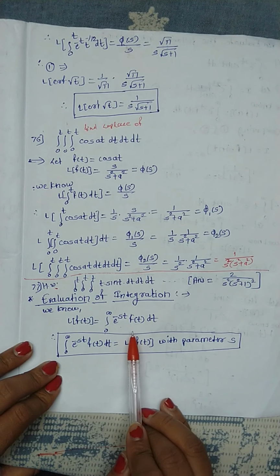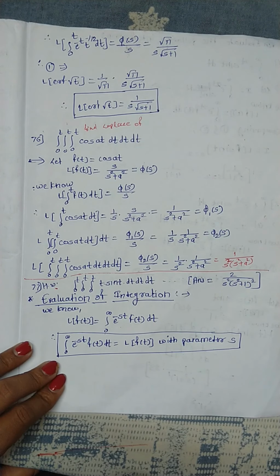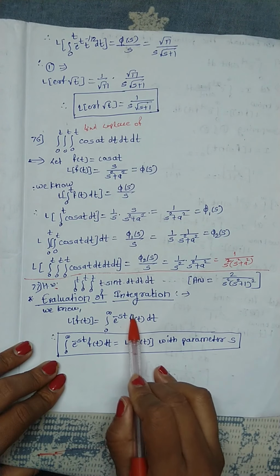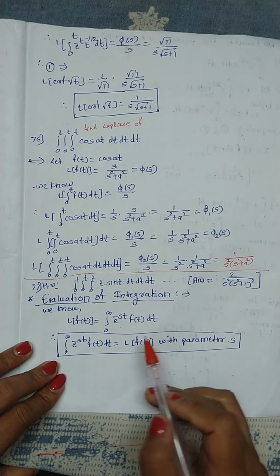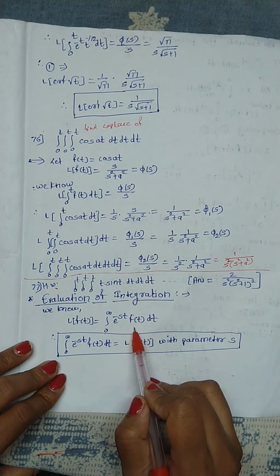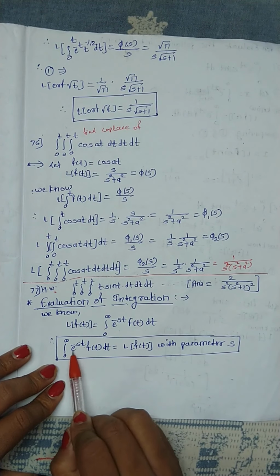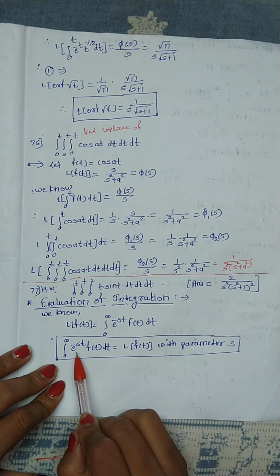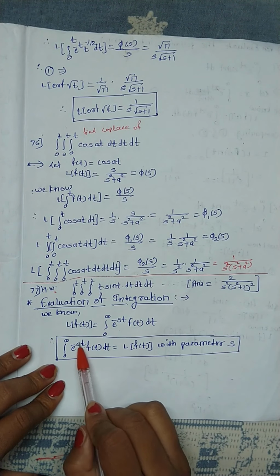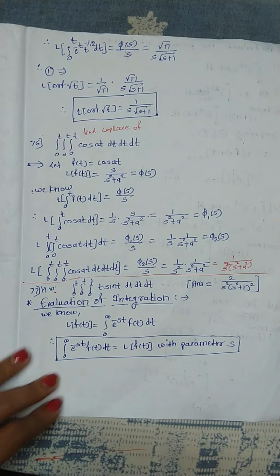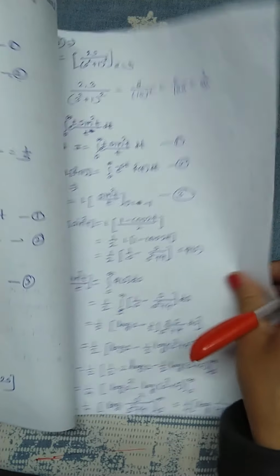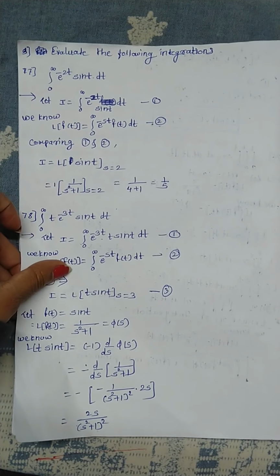We just have to observe or find the f t function. What is this f t function? The function which is attached to the exponential, and we have to recognize s. Let us see how we can solve this using examples.